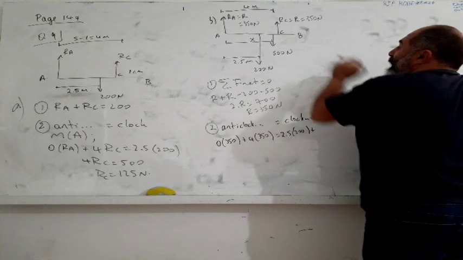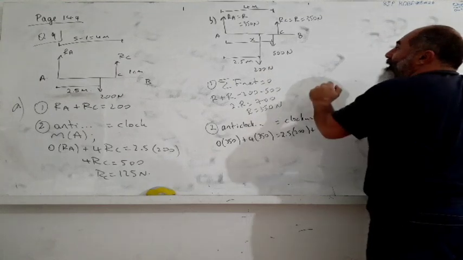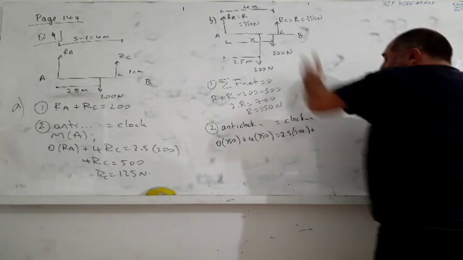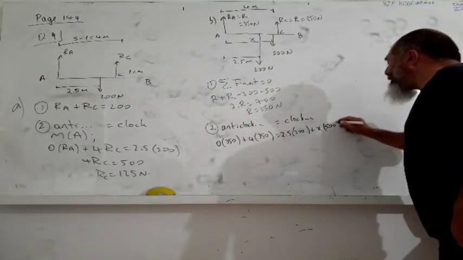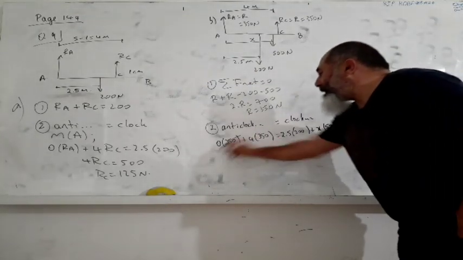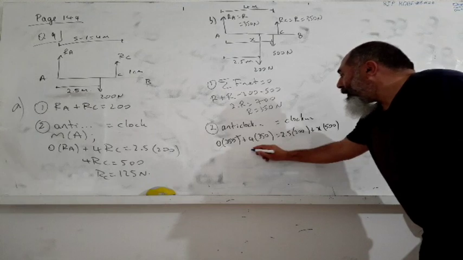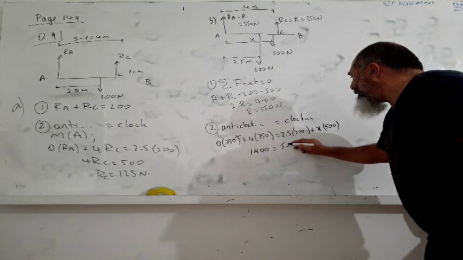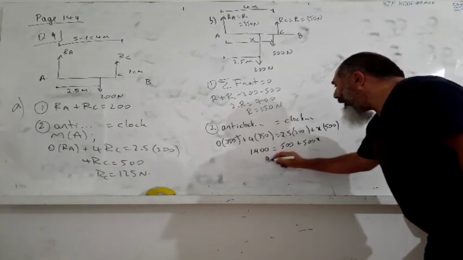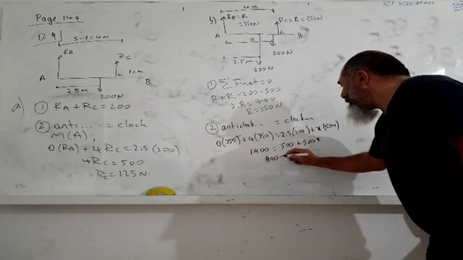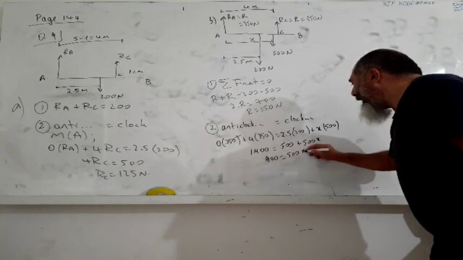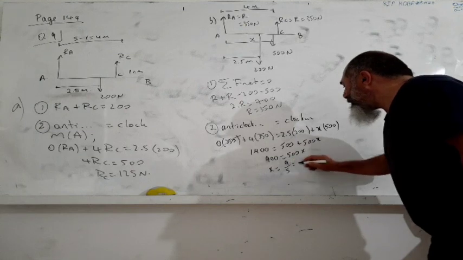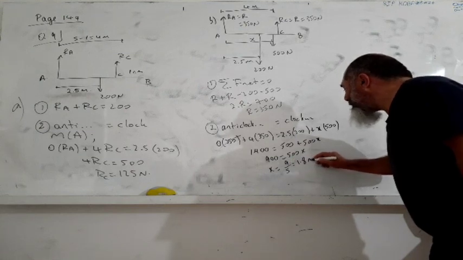So 1400 is equal to 500 plus 500x. 900 is equal to 500x. X is equal to 9 over 5, which is 1.8 meters. The woman is 1.8 meters from point A.